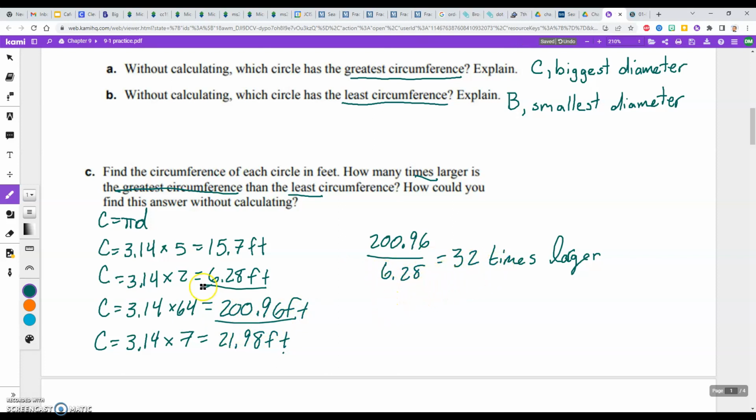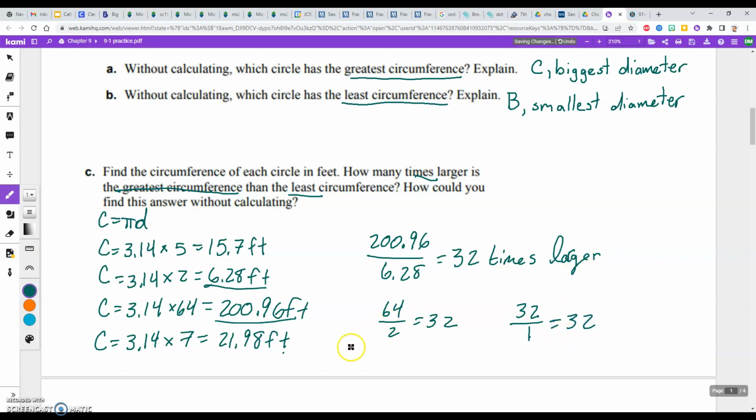And what we could have done instead of dividing the circumferences, if you look, you could have done 64 divided by 2, which would have given you 32. Or if you had changed these into radii, you would have just had 32 for the radius of the largest one and 1 for the radius of the smallest one, which again is 32.